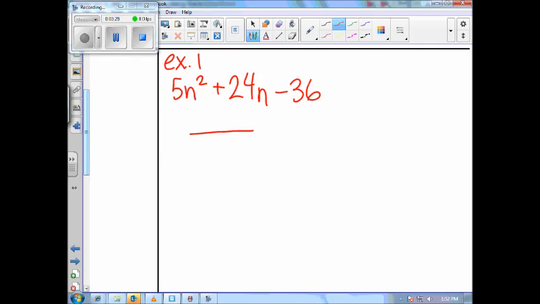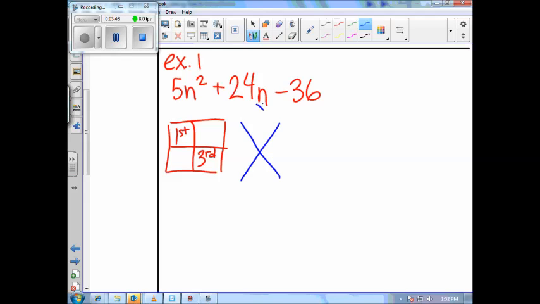Okay, so it follows the same thing. Inside, let me make this a little smaller. Inside the box, once again, as a review, the first term goes here, the third term goes here. That's the same. What's new is on the x, when we look for things to multiply, it's actually the first coefficient times the third coefficient, which last time we didn't care about that because the first coefficient was a 1.